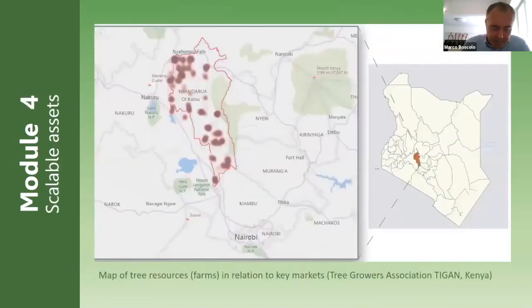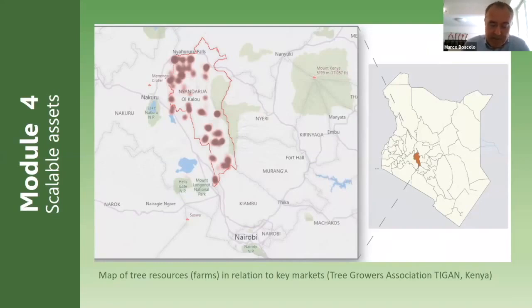Module 4 helps you answer the question: do you have access to a sustainable supply of resources to go ahead? Businesses have failed because the data they had on their resources was not correct or was too optimistic.